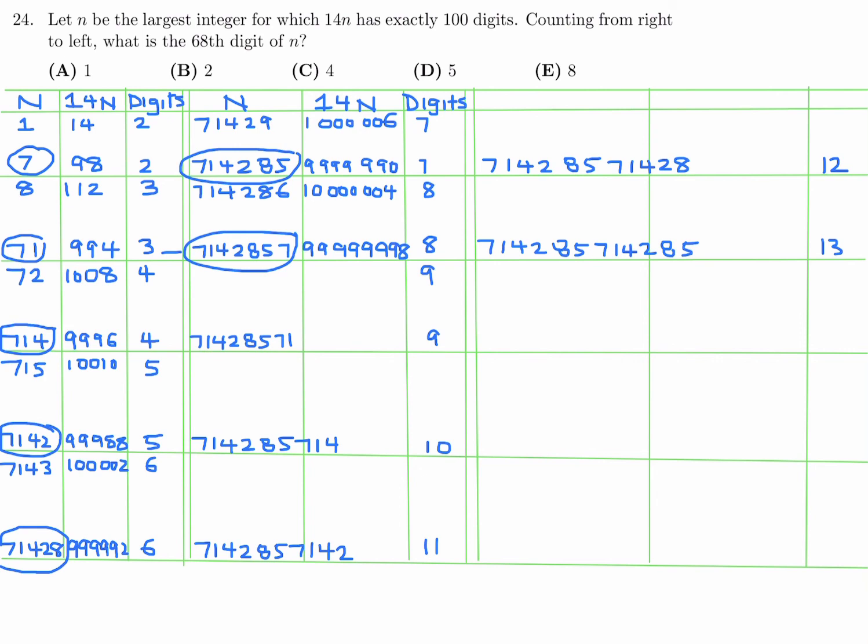So let's extrapolate this. Obviously, we want to bring it to 100 because that is what the question is asking. So every 6, it just repeats, right? So for example, it first was 7142855 when the digits were 7. And then if you add 6 to that and get to 13, it repeats again. So every 6 it repeats.